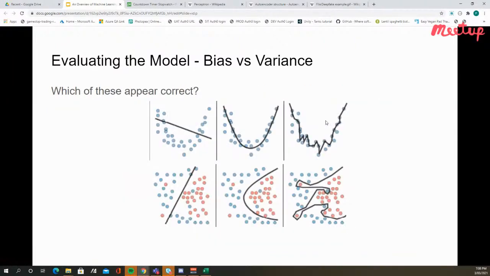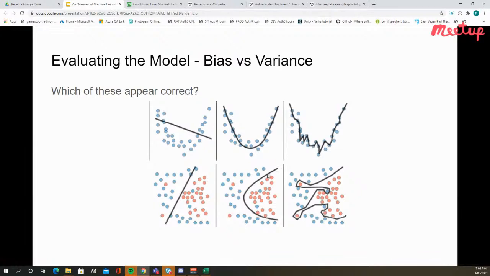A rather facetious example of this is a curve that needlessly passes through exactly every point or almost every point on the graph. Now that's fine, but your test set will probably look quite different. Your validation set could be different, so it won't be able to map through all of these points, and you can end up with a high error. Something more balanced is a smooth curve that does a good job of going through most of the points.